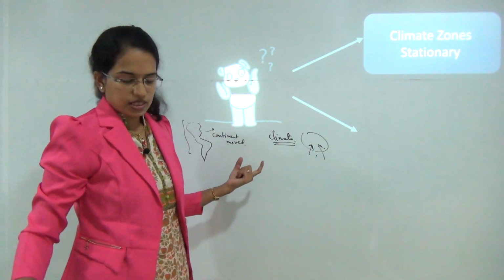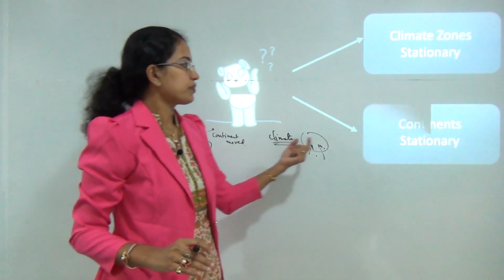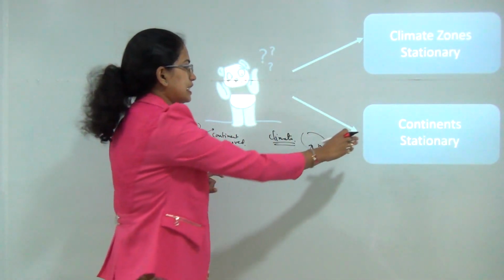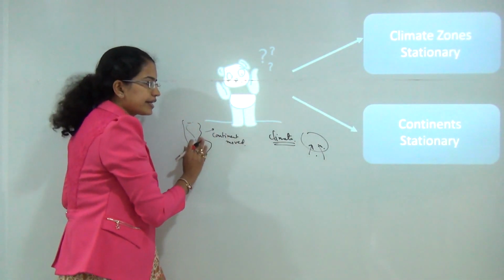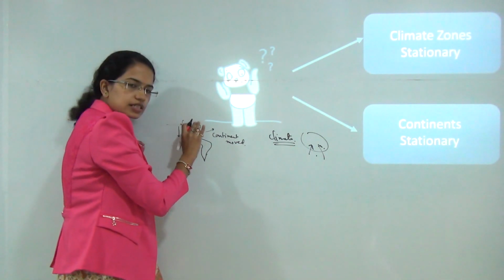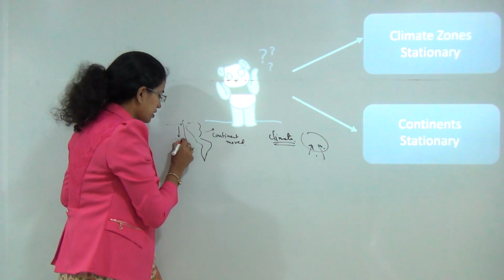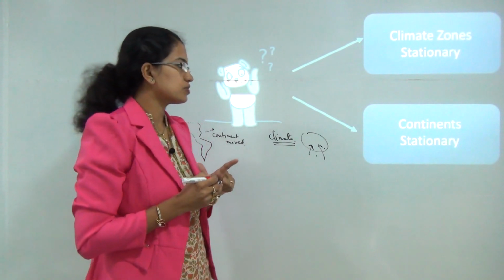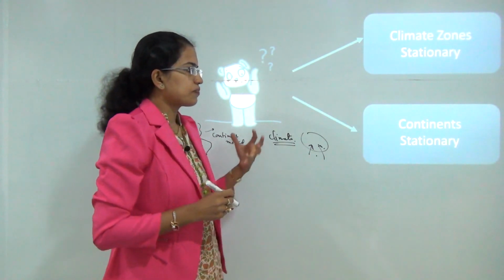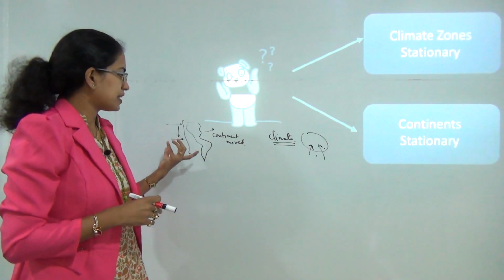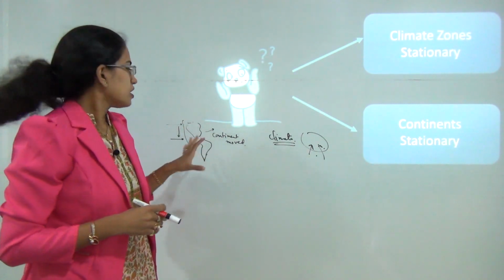The next aspect talked about movement of climatic zones. So it said the continent remained where it was, but the climate zone that existed in that region shifted. So there were two ideas, basically, that could explain how there was a change in the climatic conditions of a region.